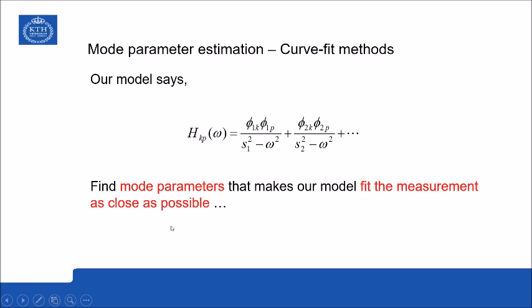So our task now is to find the mode parameters, that is the system poles, S1, S2 and so on, and mode shape vectors, represented here with the first mode shape phi1, component k, and so on. We have to determine these values so that this model fits our measured frequency response functions as closely as possible. That is what we have to do.